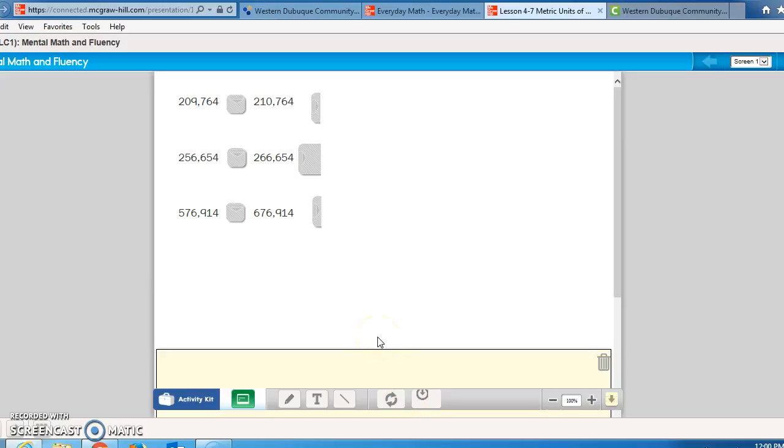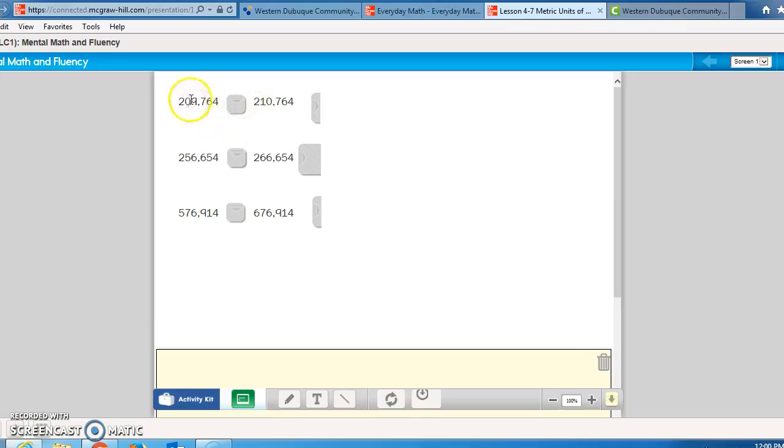Using greater than, less than, or equal to signs, please tell me which sign you would use with the following numbers. So you're comparing 209,764 to 210,764. Well, we notice in the hundred thousands place is the number 2, so they're equal.